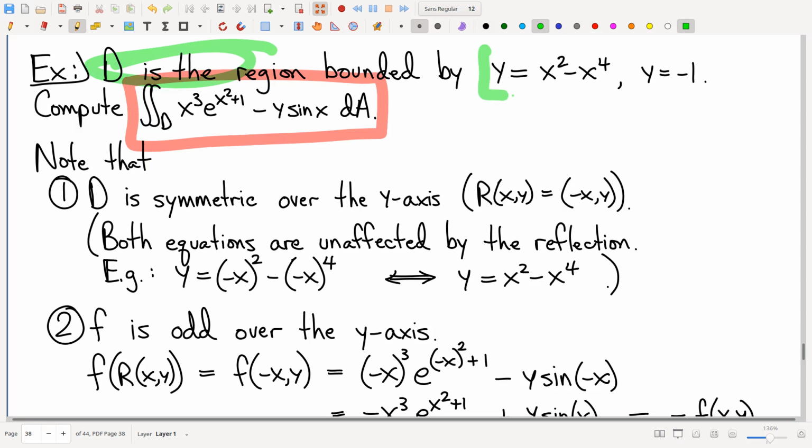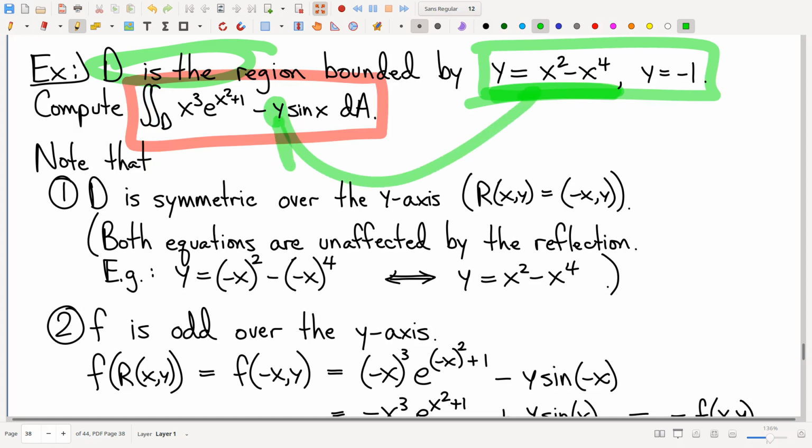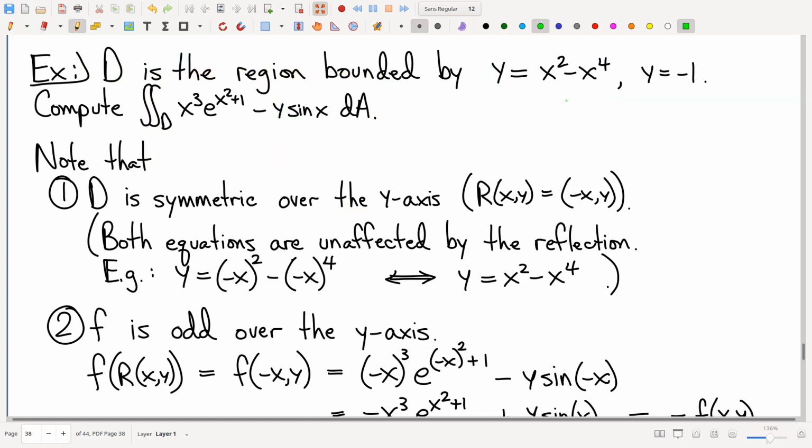The shape of the domain is bounded by these curves right here, which means that in your iterated integral, your y is going to be x squared minus x to the 4th, which means that that's eventually going to get plugged into there, which means your outside integral is going to be even worse, right? Is that good for everybody?